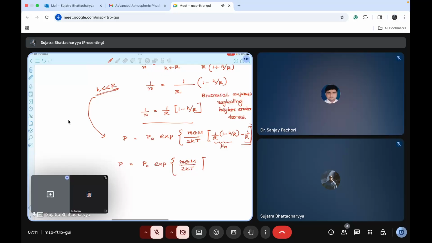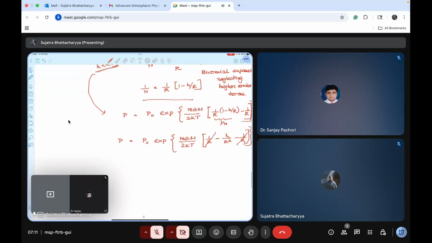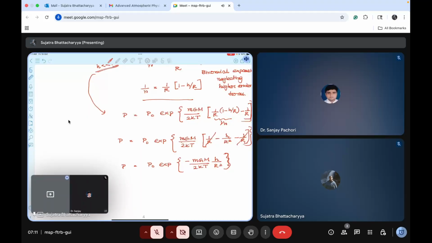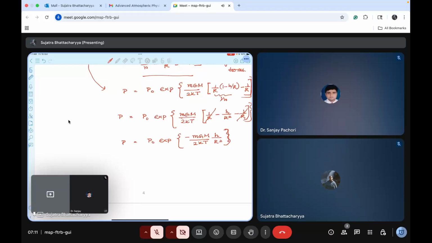Let's solve the inner bracket: 1 by R minus h by R square minus 1 by R. The 1 by R terms cancel. So P is equal to P naught exponential of minus mgM divided by 2kT times h by R square. This is the expression you get.